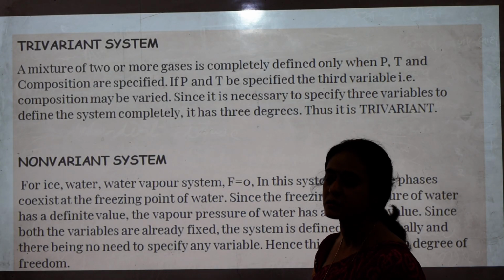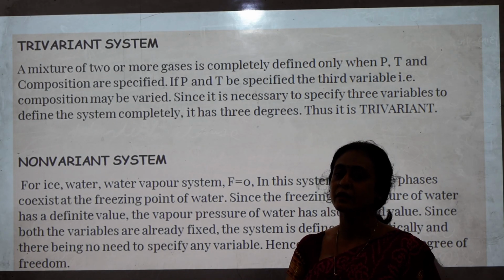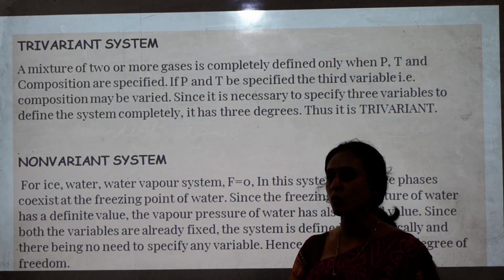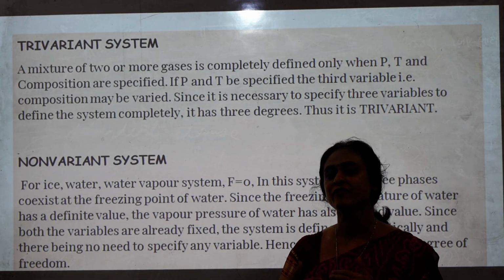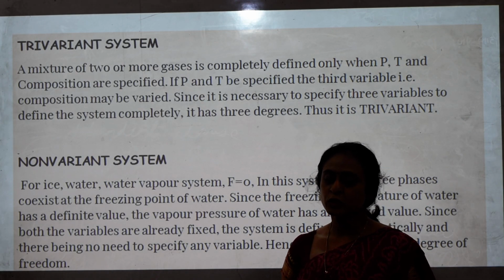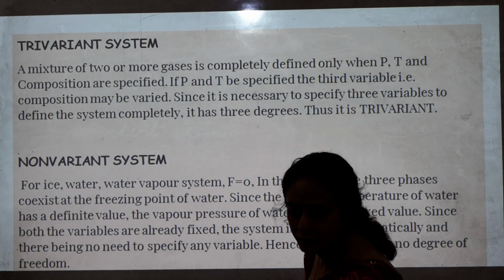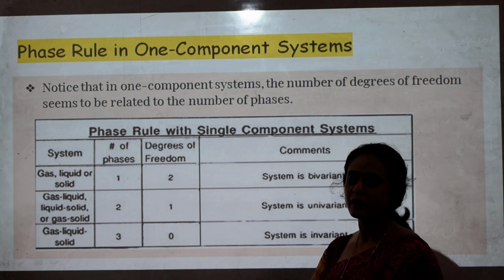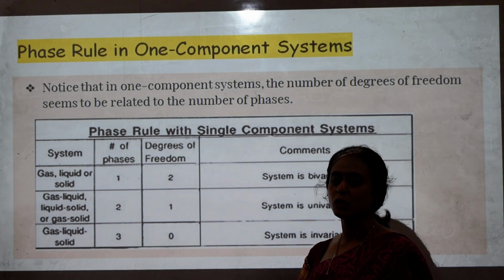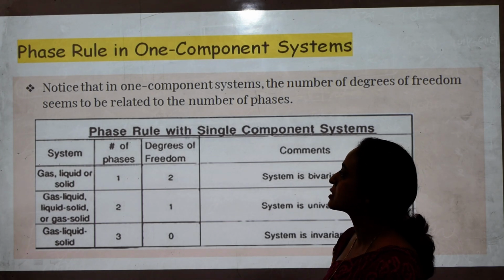If three variables are required, they are trivariant. And if no variable is required and that is a self-defined system, then this is invariant system. We will talk about this in the water system. Now these are the three phases. I have summarized this particular phase rule in one component because here we have to specify more than one component system.